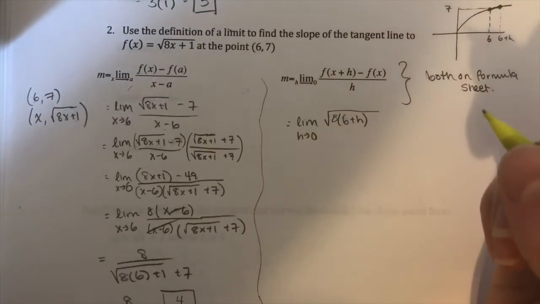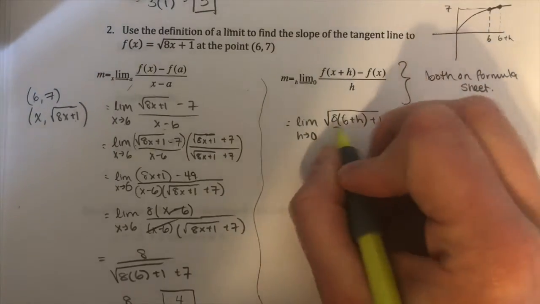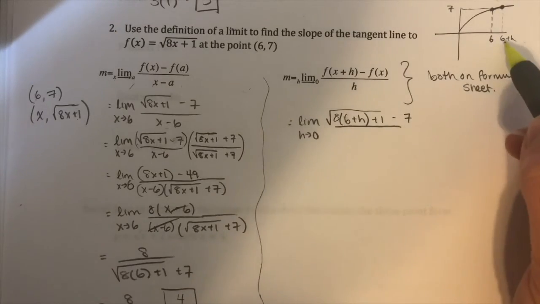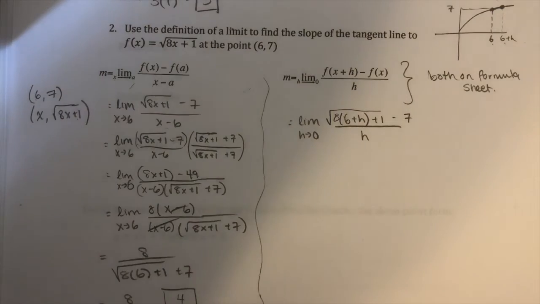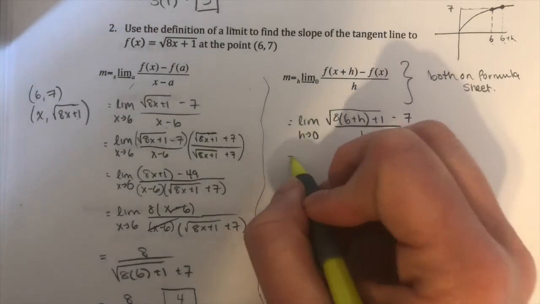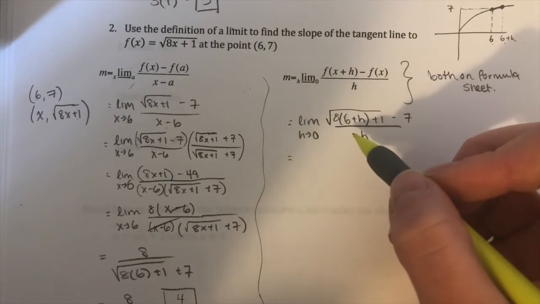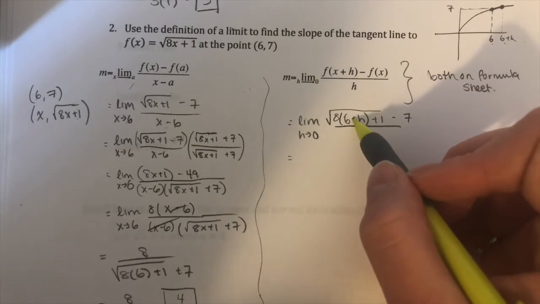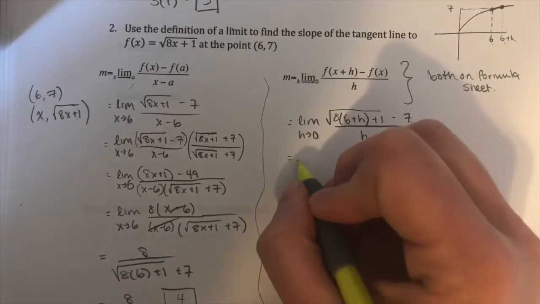So it's root of 6 plus h plus 1, minus 7, over 6 plus h minus 6, so it's just going to simplify into an h. If we plug a 0 in, we're going to get root 49 minus 7, 0 over 0. So we have to multiply by a conjugate again.